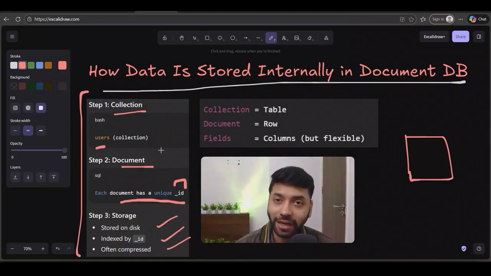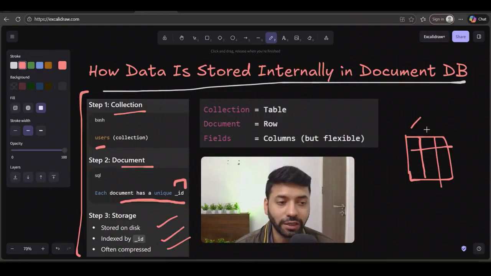Next, as we discussed, the data unit is a document, correct? You can visualize it as, in SQL, the row. In each row, we had the data, correct? In a similar way, in a document database, we have the single unit as a document. And in SQL, we have the columns, right? For example, this can be your user ID, name, address. In similar terms, we have fields in a document database.